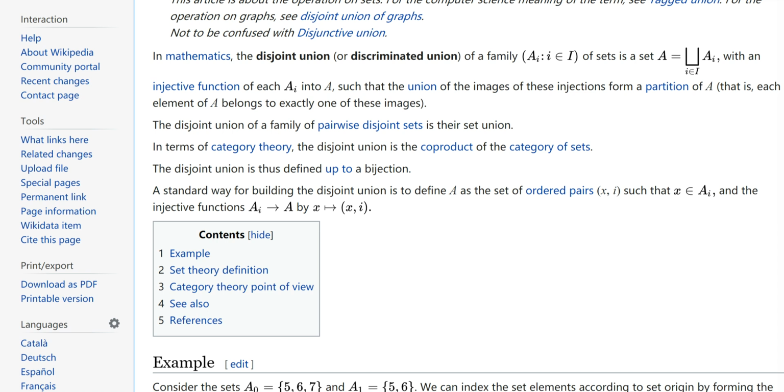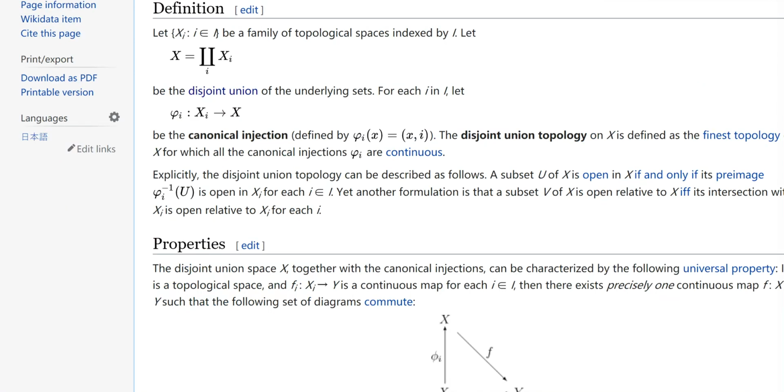To distinguish the sets, no matter whether they intersect or not, you have to give one more index to embed them into a bigger set with the injection map. So as a set, it is the disjoint union of the sets.